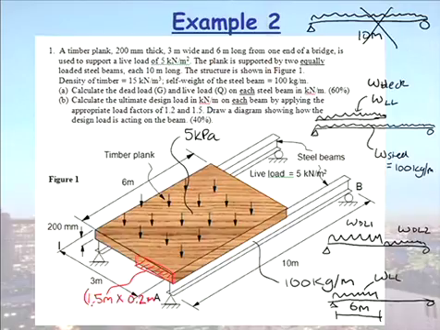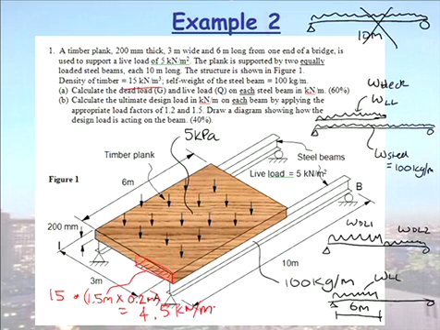So that's my area, and I multiply that by the density of the timber, which we're told is 15, and that gives me a value of 4.5 kilonewtons per metre. So that's the quick way there.